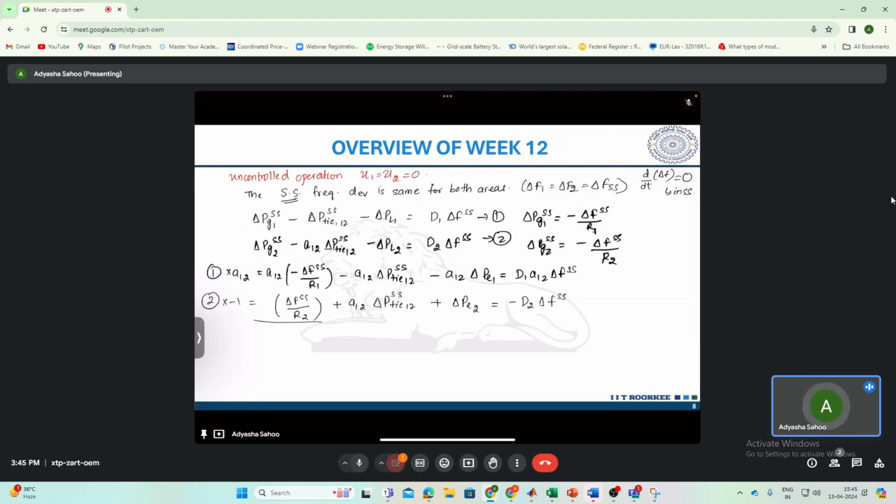And then let me add these two equations, so these two terms will cancel out, and what you will get as delta f steady state is a12 delta PL1 minus PL2, divided by the coefficients: D2 and 1 by R2 here, and here I'll be getting minus a12 times D1 plus 1 by R1.